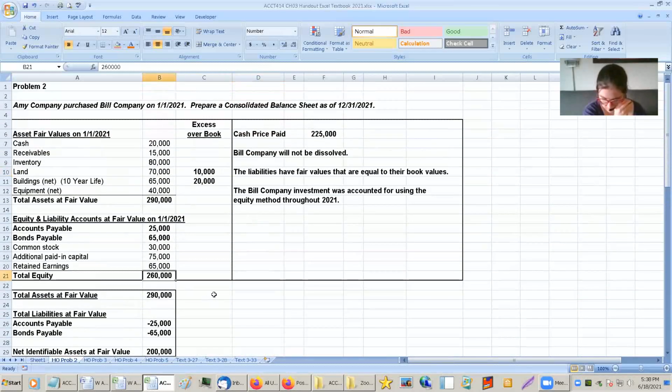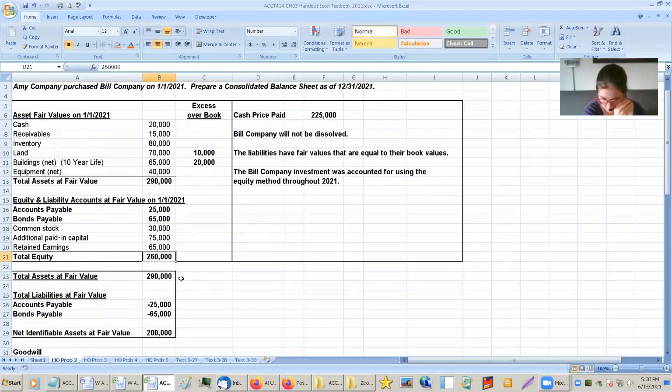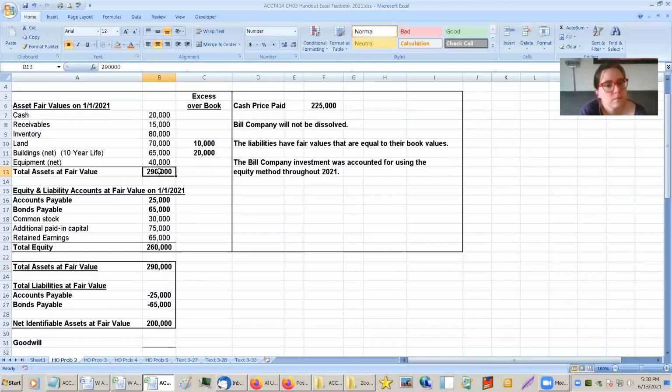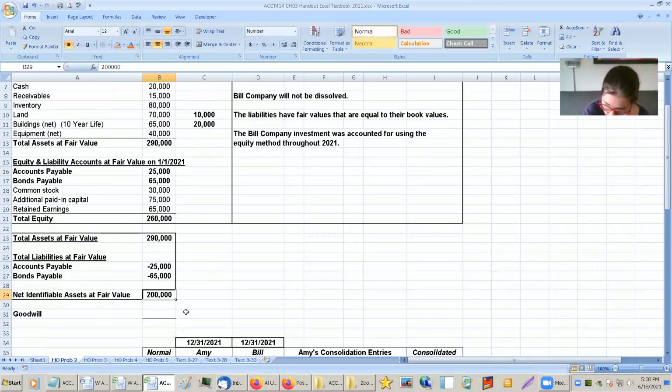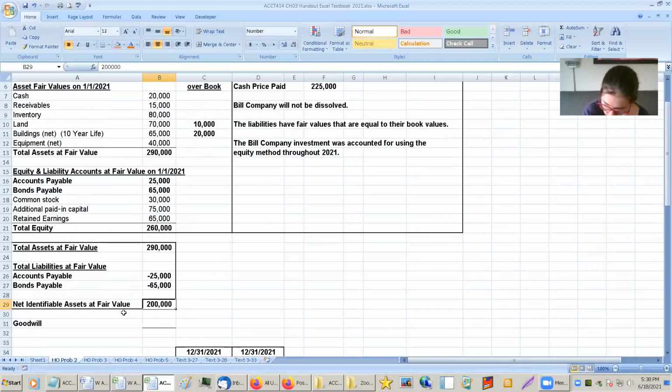All right, so they tell us that the total assets at fair value was 290 here. We took out the liabilities, and so the net identifiable assets at fair value was 200,000.